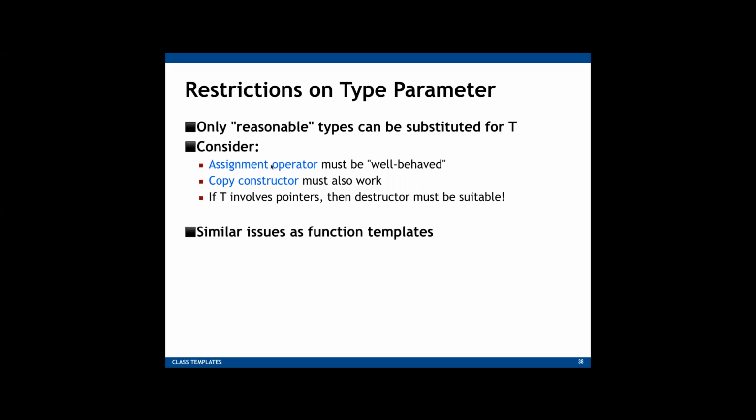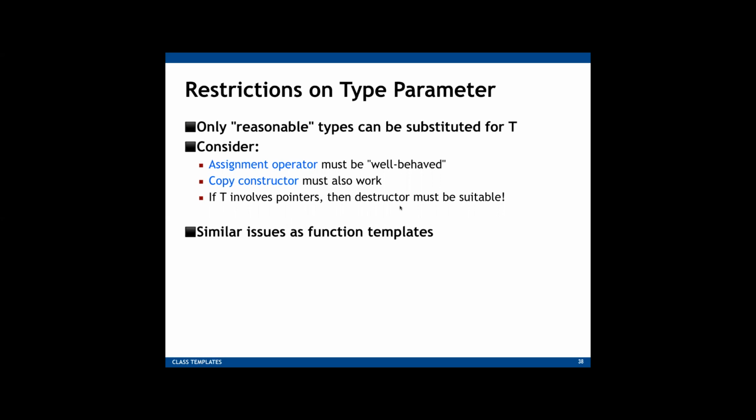And the copy constructor must also work well with that type, because the class has a copy constructor. And since there are member functions with call by value parameter of type T in the pair class, if type parameter T involves pointers and dynamic variables, then there should be suitable destructors as well.